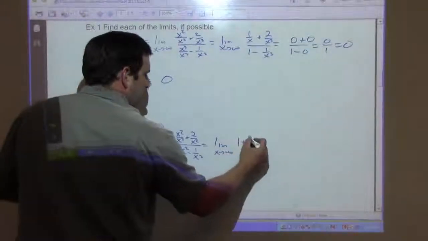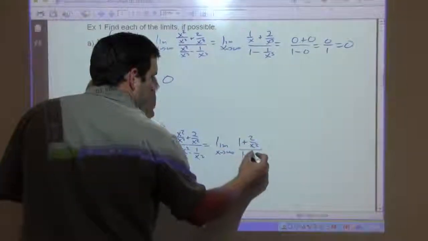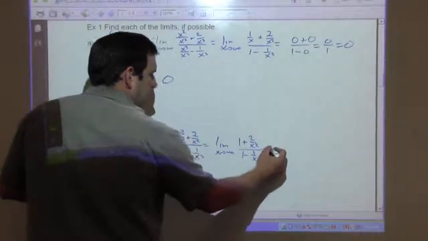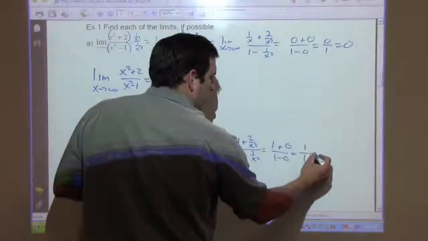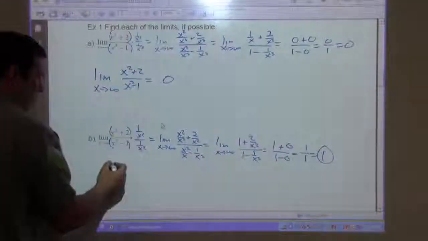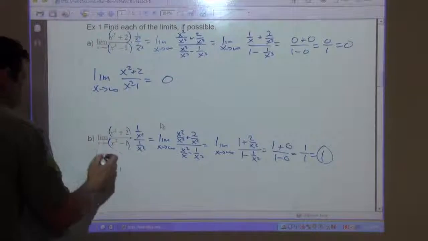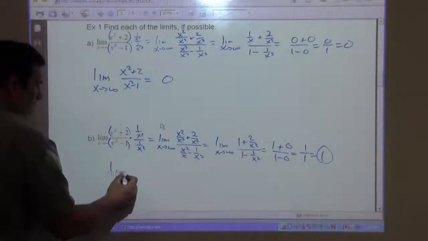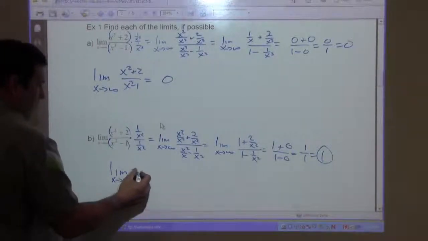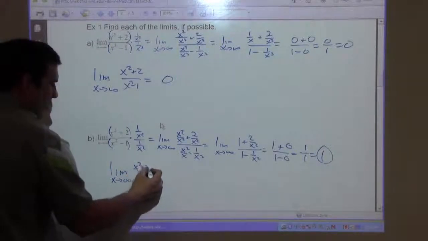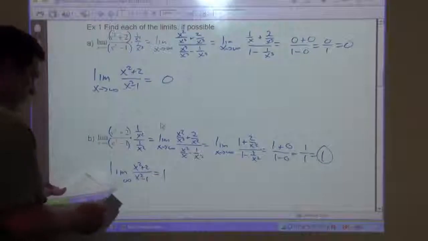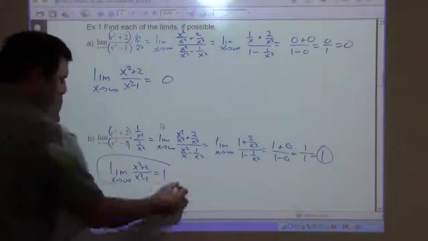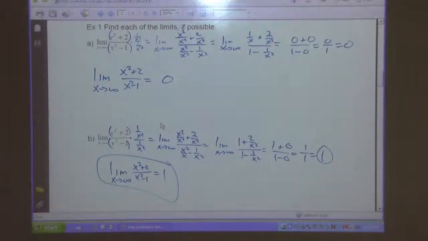That's going to be 1 plus 2 over x squared over 1 minus 1 over x squared, which is 1 plus 0 over 1 minus 0, 1 over 1, which is 1. So our limit as x goes to infinity of x squared plus 2 over x squared minus 1 is going to be 1. Feel free to pause it if you need to.